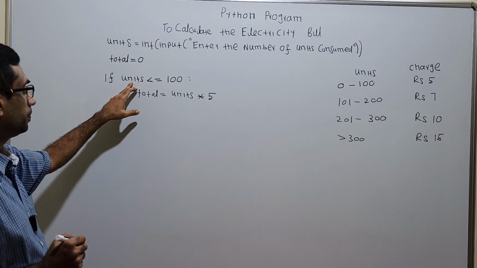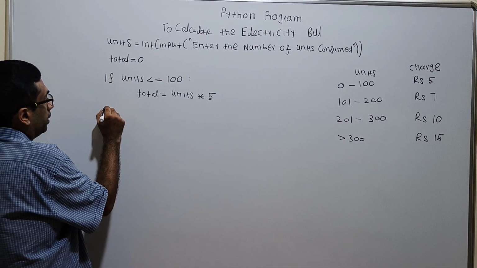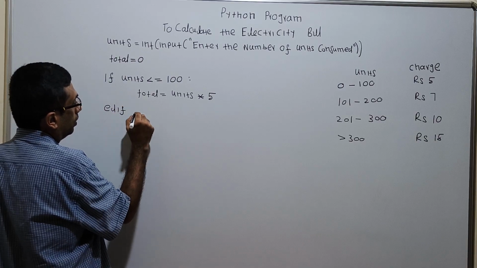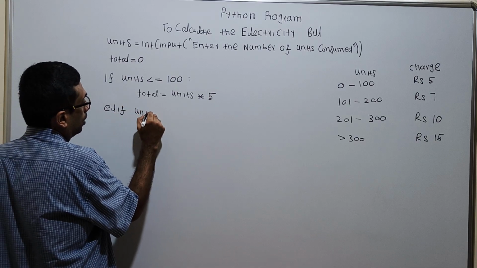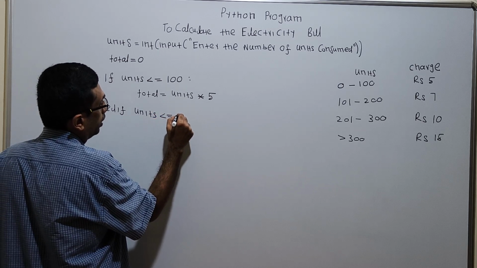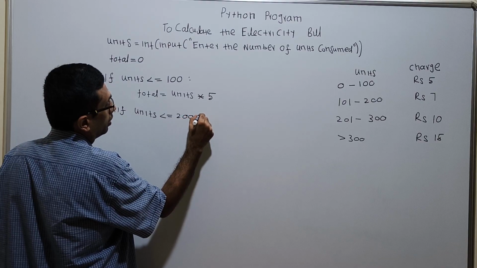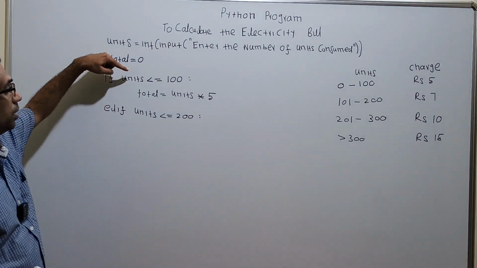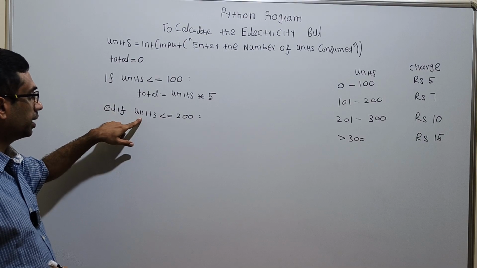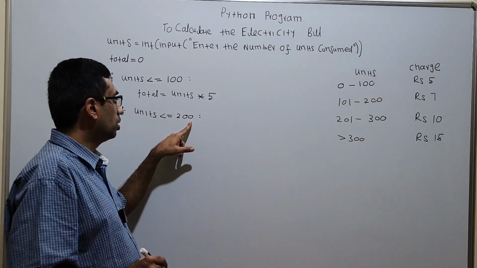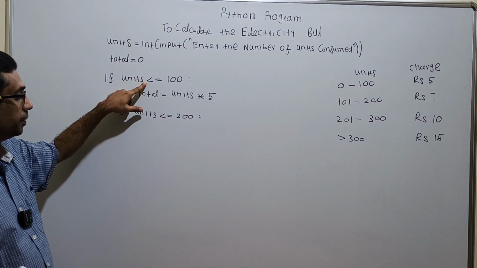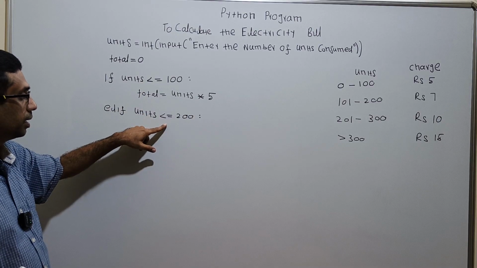If this condition is false, I am writing an elif units less than or equal to 200 colon. If the first condition is false, control will come to the elif statement and check the condition units less than or equal to 200. In this case, units is not less than or equal to 100, that means it's greater than 100 and less than or equal to 200.